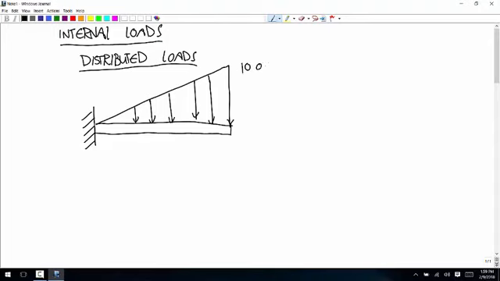So here, let's say that we have 10,000 newtons per meter. And what this means is there is not a finite point force applied by this distributed load at any point.